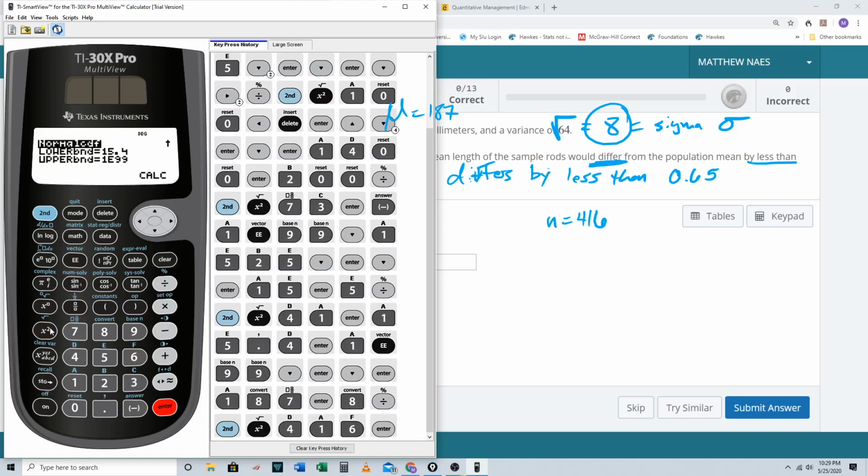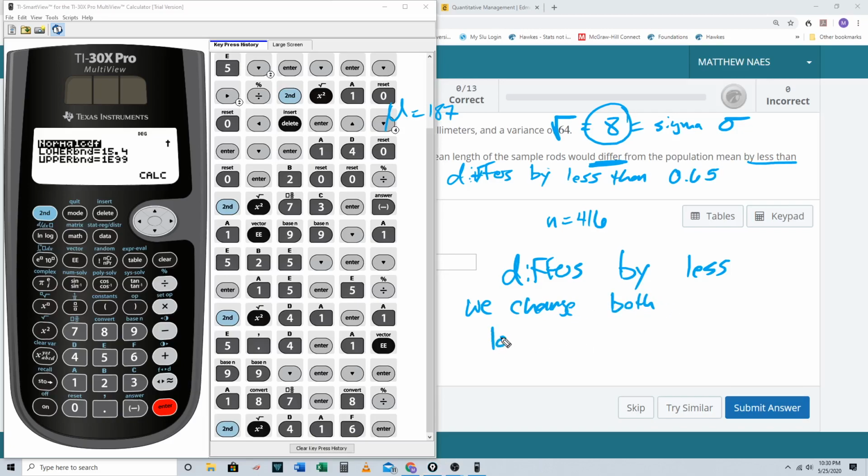Now, here's what we're going to do. Anytime it says differs by less, we change both the lower bound and upper bound. But here's how you're going to change it.